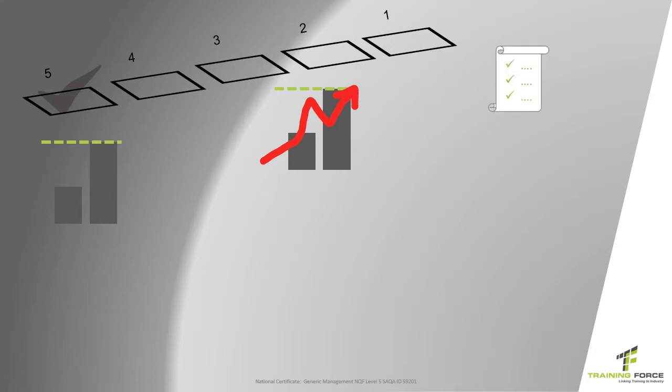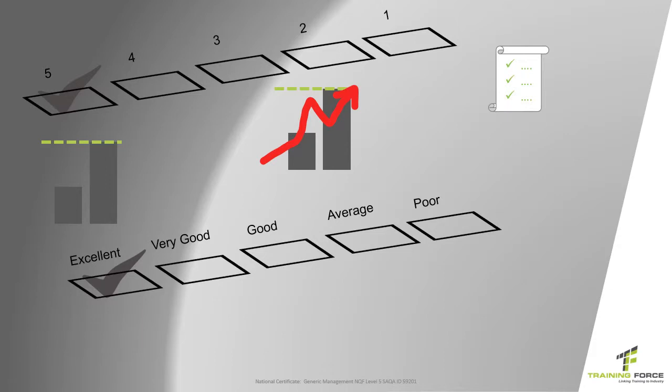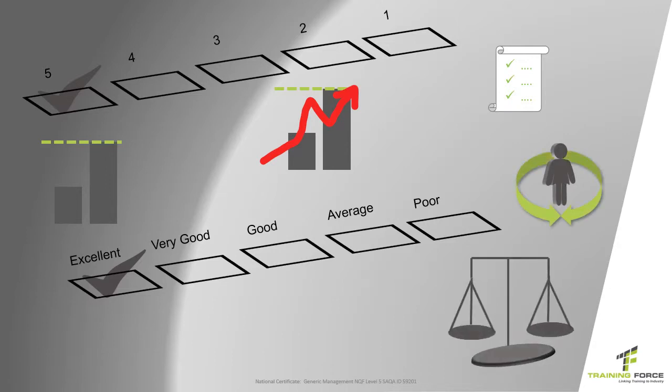We can look at critical incidents. We can give a narrative report. We can look at behaviorally anchored ratings like excellent, very good, good, average, poor. And then we can look at 360-degree feedback, where we're constantly giving the employee feedback based on their performance. And then we can look at balanced scorecarding and then performance contracting.